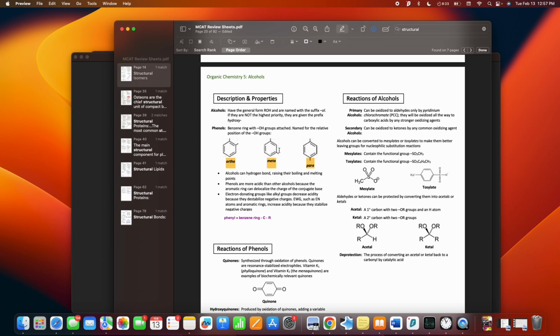How do we memorize this? We need a mnemonic for this. O is 1, and M and P are in alphabetic order. Ortho is first, one.